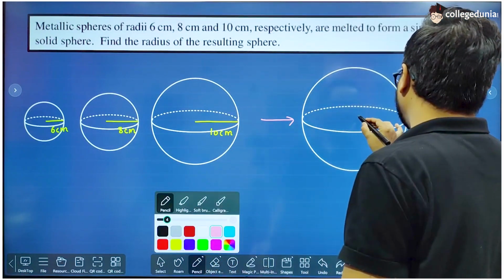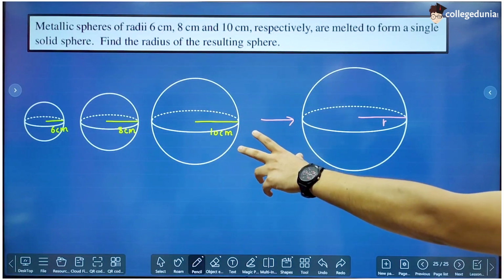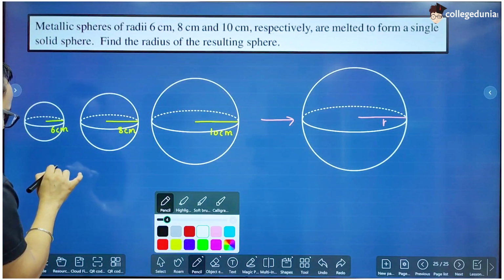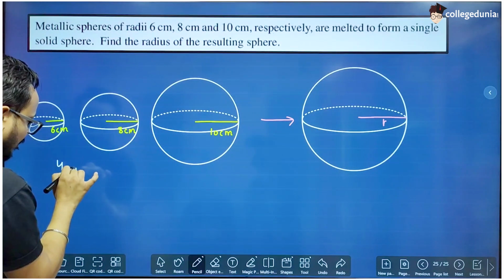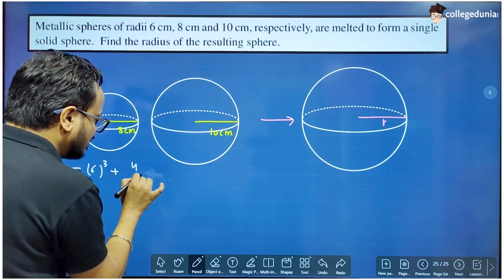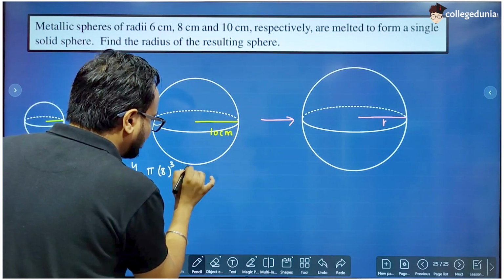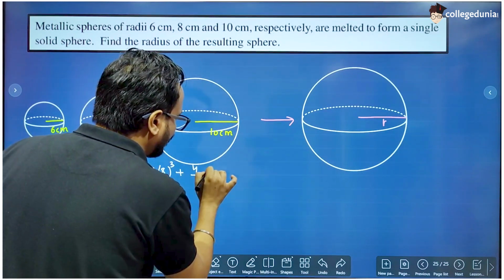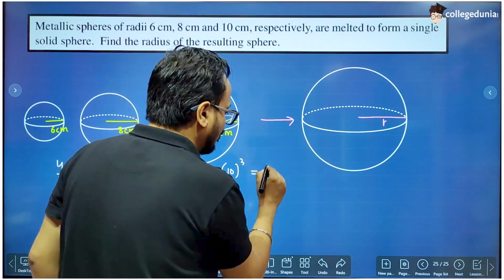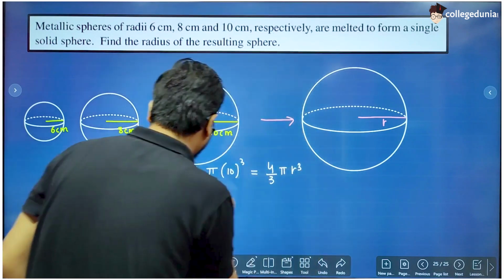Now let's take the radius of this as r. So sum of the volumes of all these three spheres should be equal to the volume of this one. So volume of this is 4 by 3 pi r cube plus volume of this is 4 by 3 pi r cube plus volume of this is 4 by 3 pi r cube equal to volume of this is 4 by 3 pi r cube.